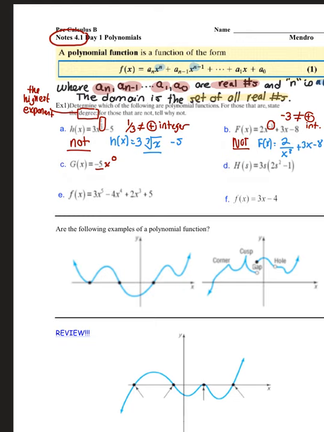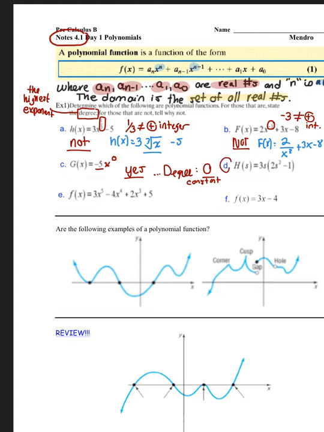Because the exponent is a positive integer and the coefficient is a real number, this is a polynomial function. The degree of this polynomial function is 0. Remember, it's the highest exponent, and in this case, the exponent is 0. This is what we call a constant function when the degree is 0.